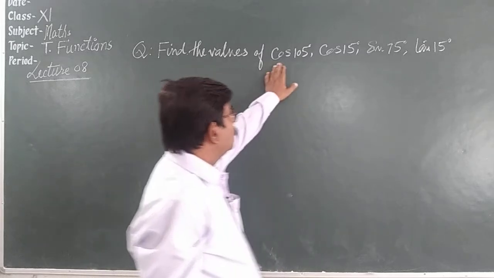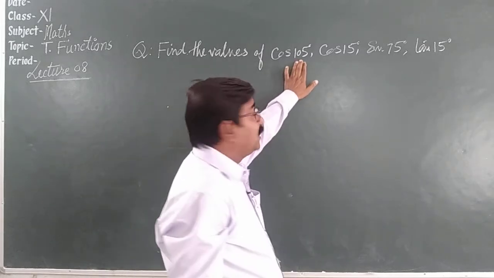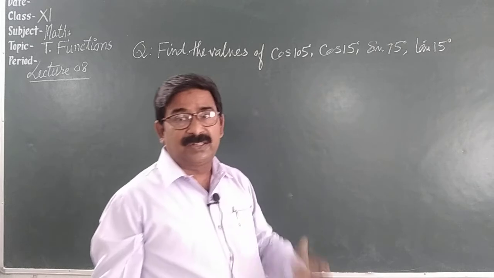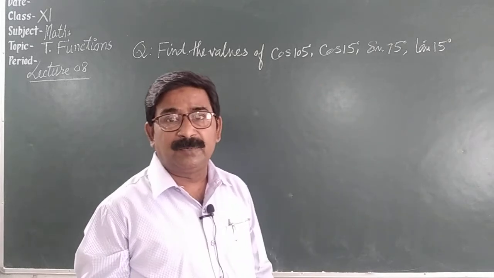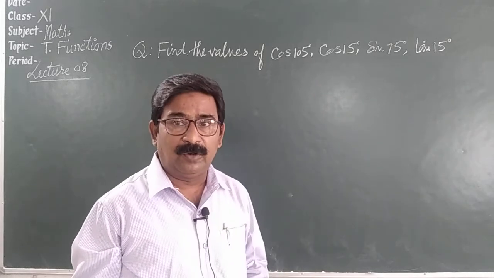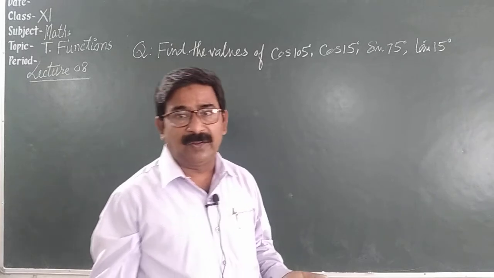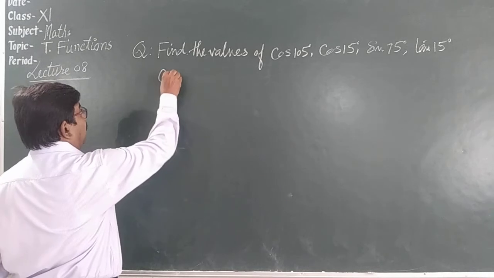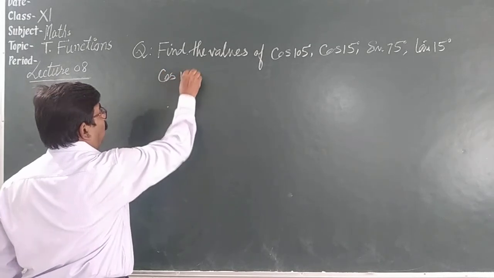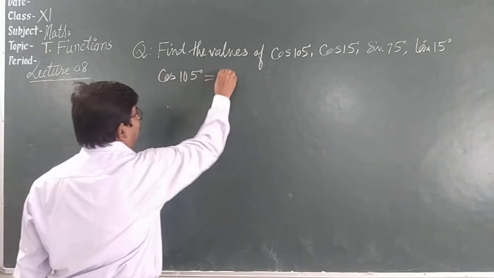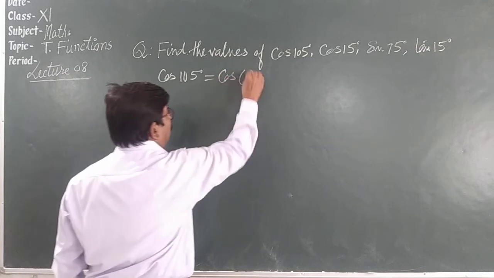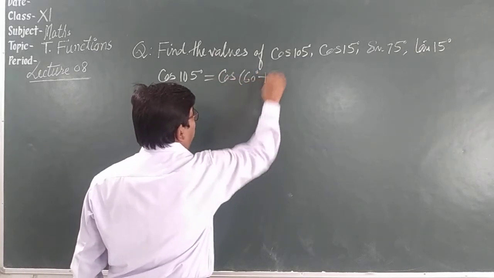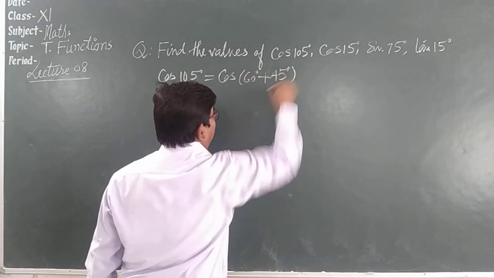Like cos 105 degree, 105 can be broken into 60 plus 45, we know the value of 60 degree, we know the value of 45 degrees. So like this I am finding, cos 105 degree can be written as cos of 60 degree plus 45 degree.